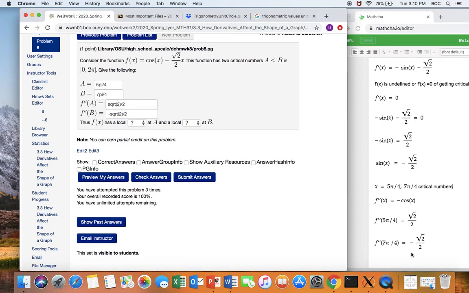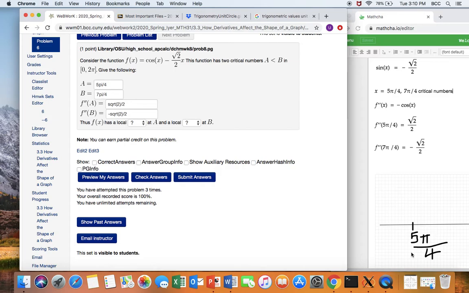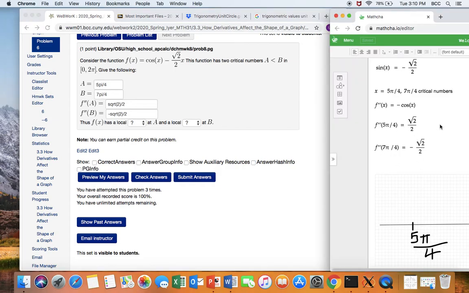Now, what does that say about maximality or minimality? Second derivative positive means f is concave up. So here, no matter what my value is, I am concave up. What kind of picture do I get?